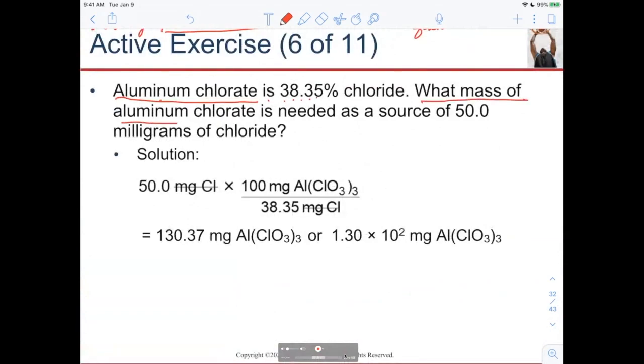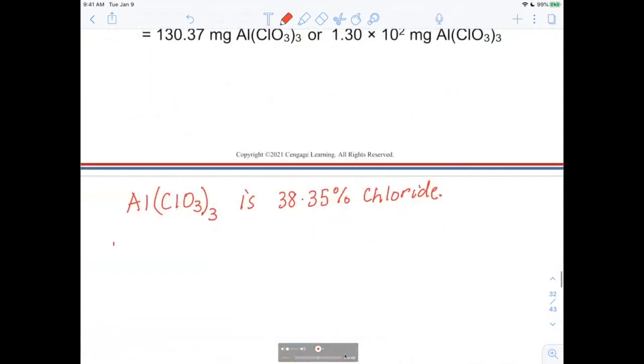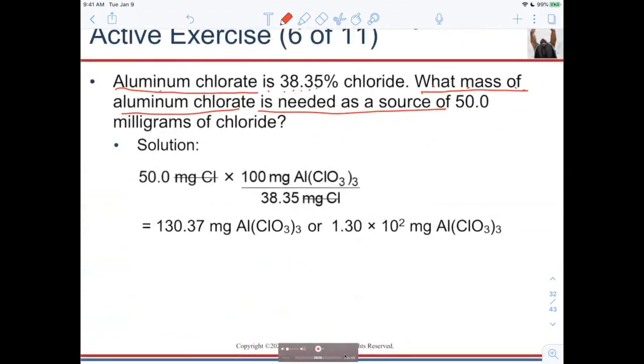What mass of aluminum chloride is needed as a source of? Okay, hold on. We're looking for mass, right? So I should write the whole question. That's necessary. Wanted: grams of aluminum chlorate, not chloride, chlorate. I'm trying to correct myself here. So what mass of aluminum chlorate is needed as a source of 50 milligrams chloride?